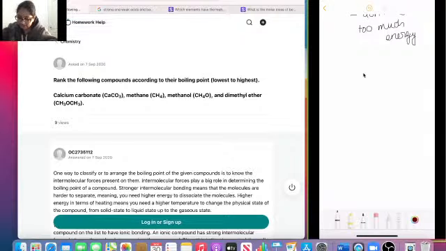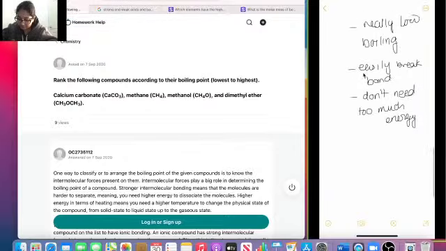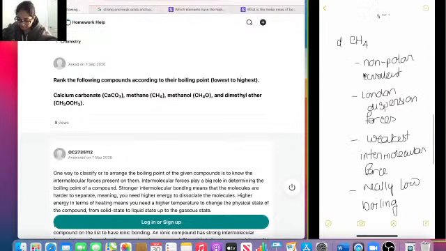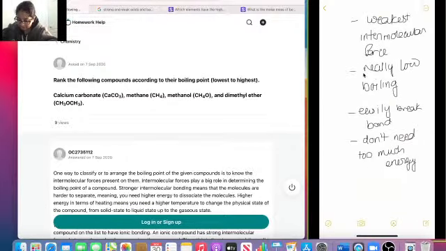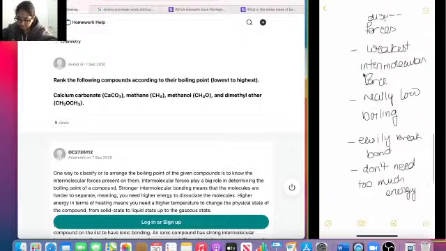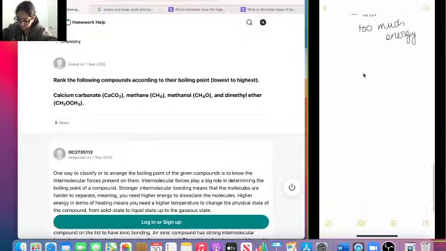Since we have done it, we can say that methane, CH4, has the weakest intermolecular force, which is London dispersion forces. So methane is our lowest, CH4.